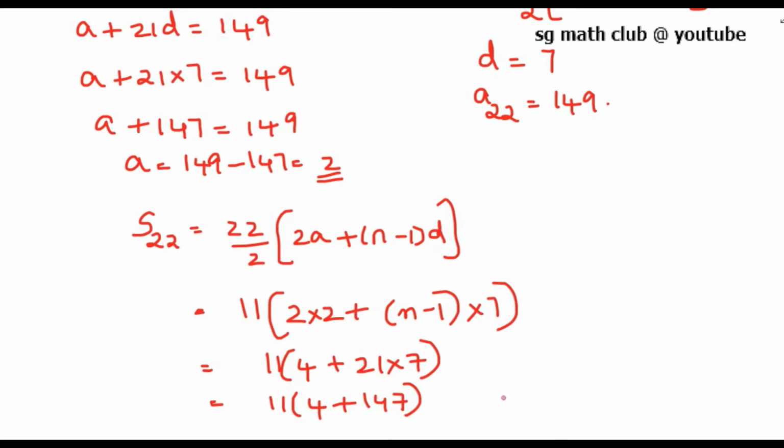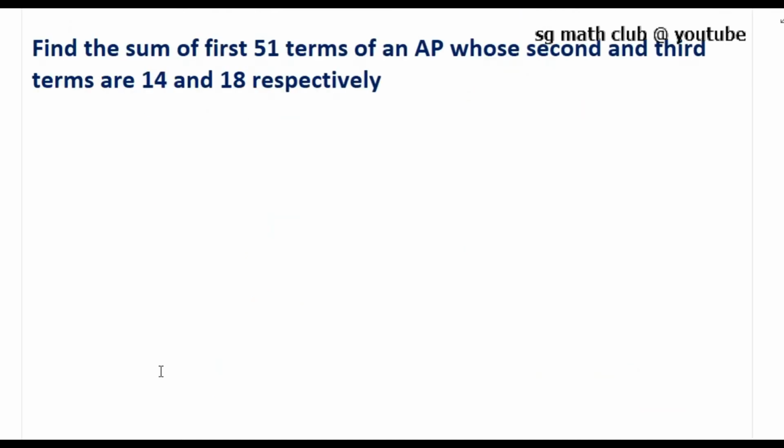So 4 plus 147 is 151, which is equal to 1661. So the sum of first 22 terms is 1661.